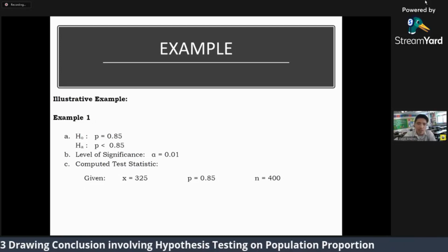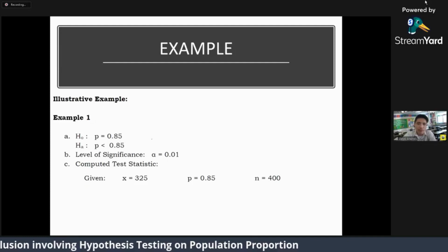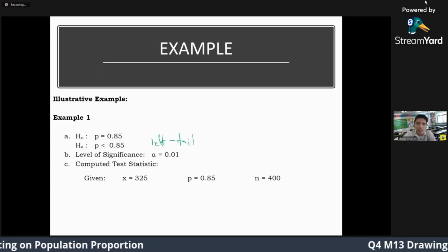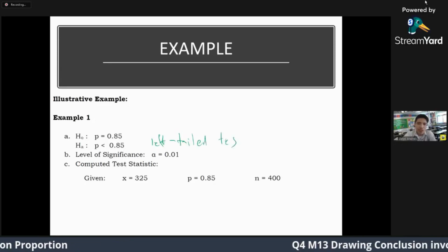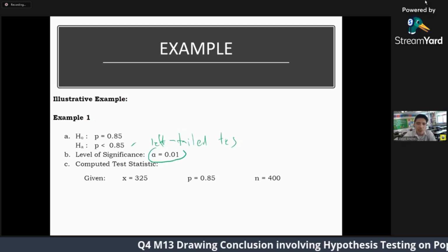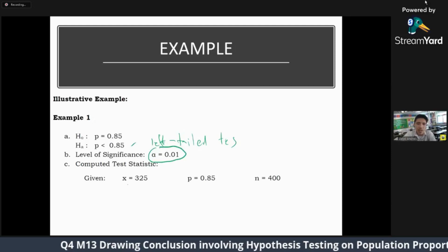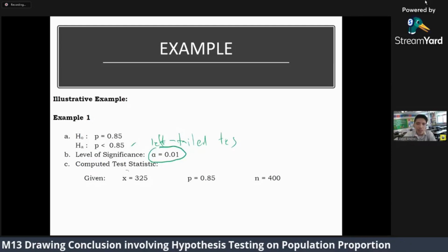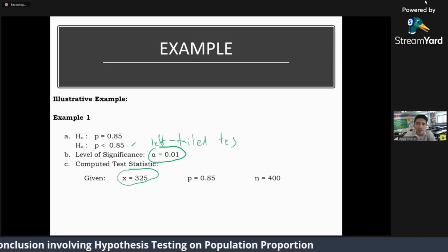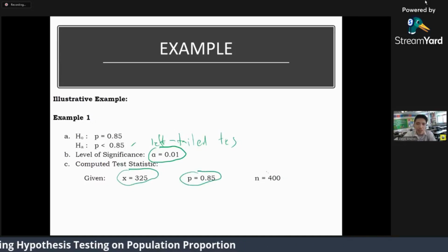Less than man siya. So, left tailed test ta, based sa atong alternative hypothesis. So, alpha nato is 0.01. Tapos, given tag mga x na to is 325, p is 0.85, n na to is 400.